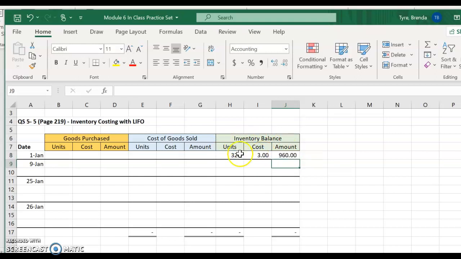On January 9th, we purchase 80 units at a cost of $3.20. So our inventory is the 320 at 3 and the 80 at 3.20.